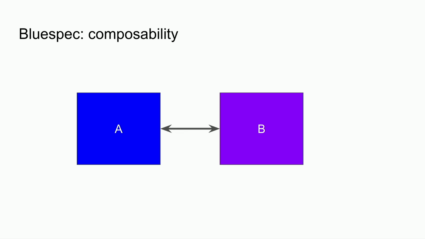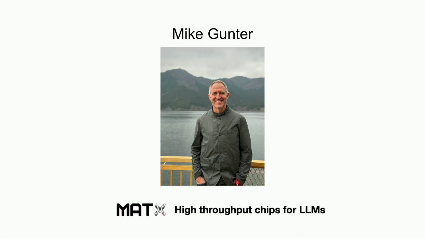In the world of software, we're used to getting A to work and B to work, and we hope that the composition works. But in the world of hardware, that never happens. We have all these protocols and transactions over the bus. But Bluespec gives you back modular composability in a way that we have in the software world, but never really had in the hardware world until Bluespec.